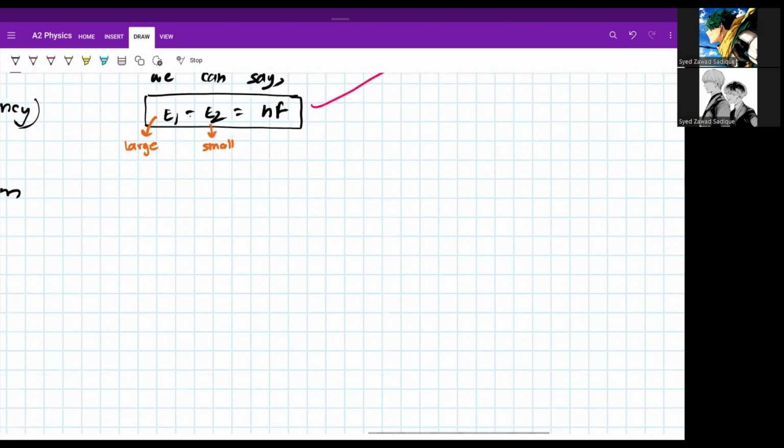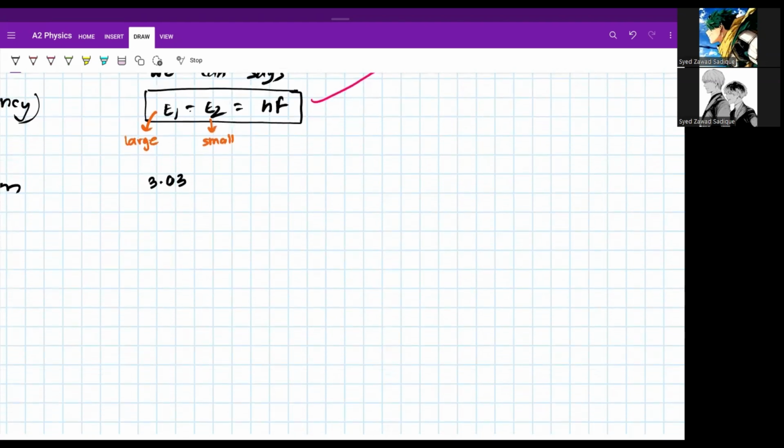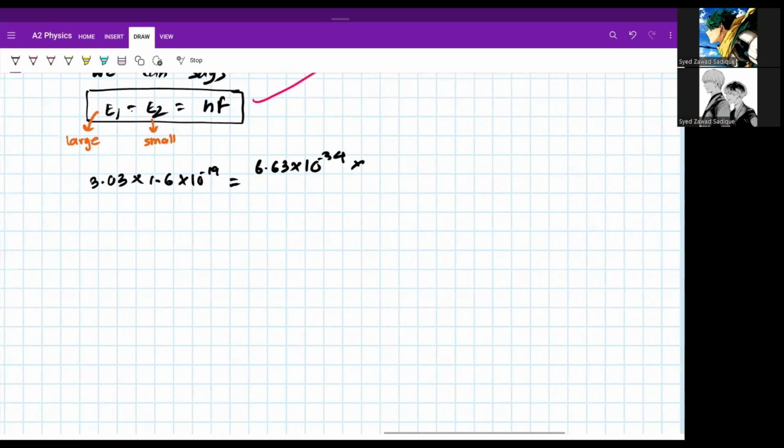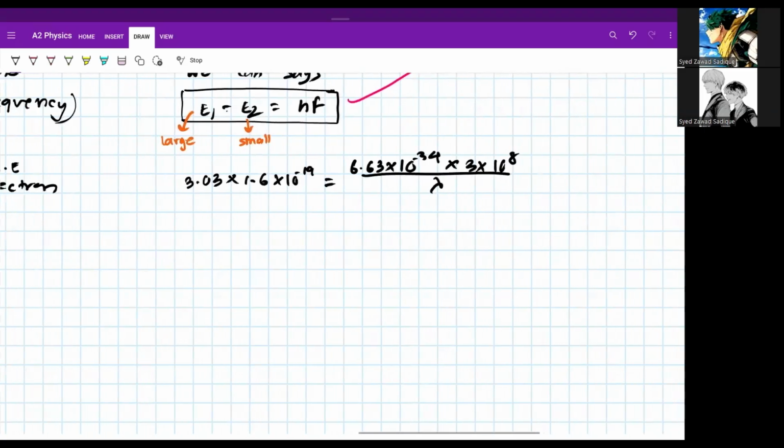That would be 3.03 times 1.6 times 10 to the power minus 19 equals 6.63 times 10 to the power minus 34 times 3 into 10 to the power 8 by lambda.